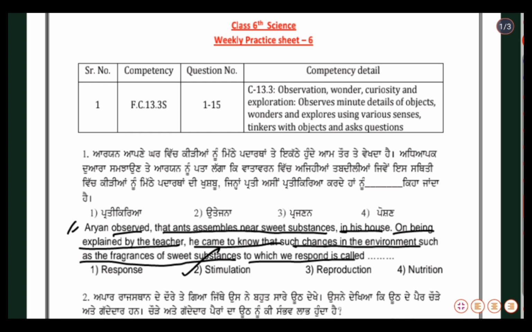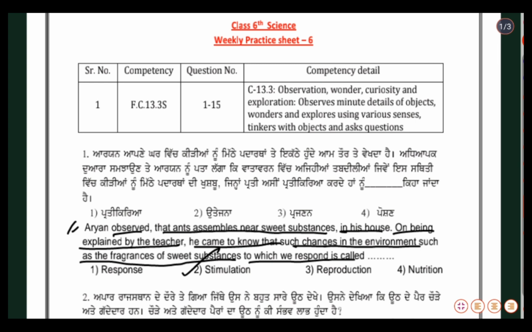So ants responding to the scent of sweet substances is an example of a biological reaction to external stimuli. This is called stimulation, where organisms sense and respond to changes in their environment, like the fragrance of food.